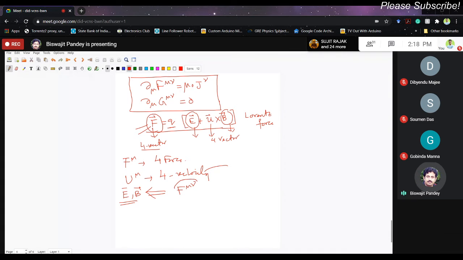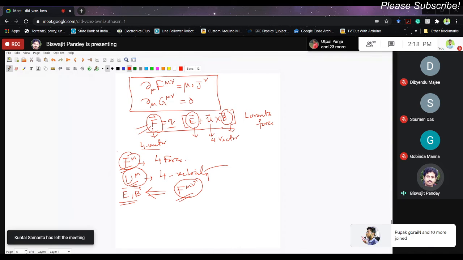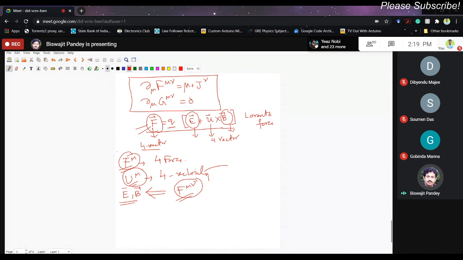So these are the objects we have in hand in 4 dimensions, not E, B, F, or U as written in the Lorentz force law. These are the ingredients for our equation: F mu, the 4-force, U mu, the 4-velocity, and the field tensor F mu nu. Again, this is not something you can derive; you have to find the correct form which describes the Lorentz force law in 4 dimensions.